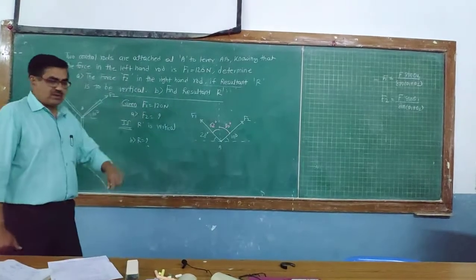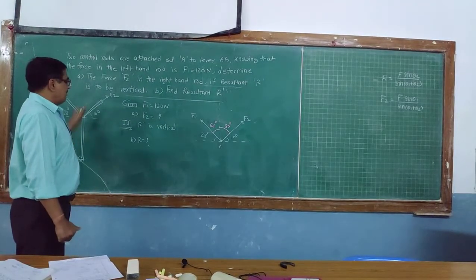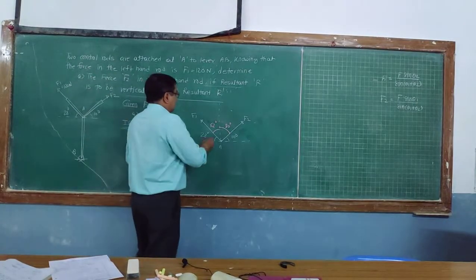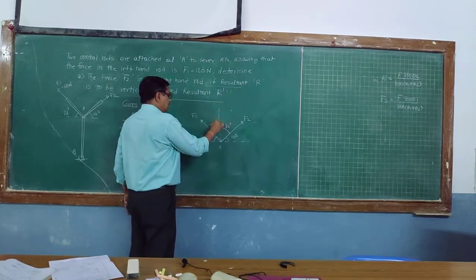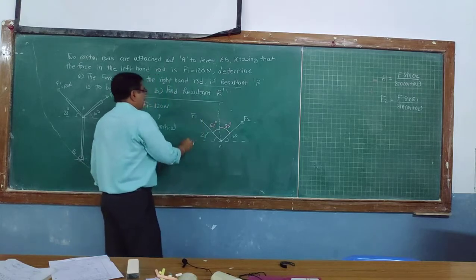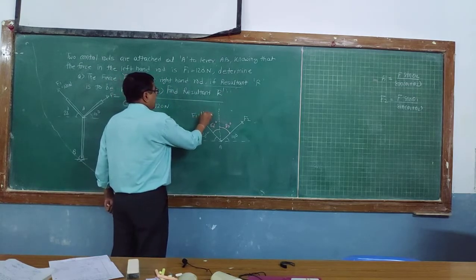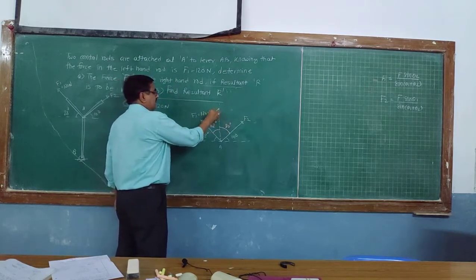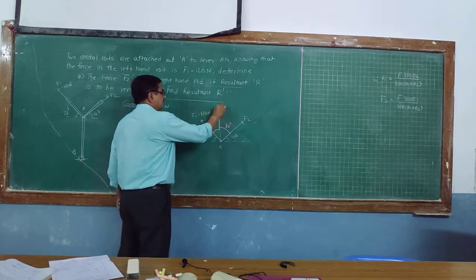This is the modification of the figure because now I am going to apply the skew resolution concept. And this is the vertical direction. In the problem it is mentioned F1 is equal to 120 Newton. Find F2 if the resultant is vertical. So along this direction the resultant is acting.